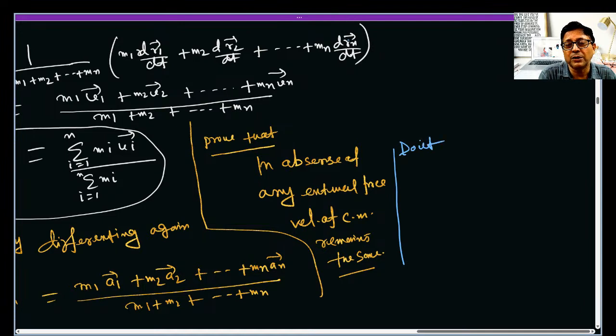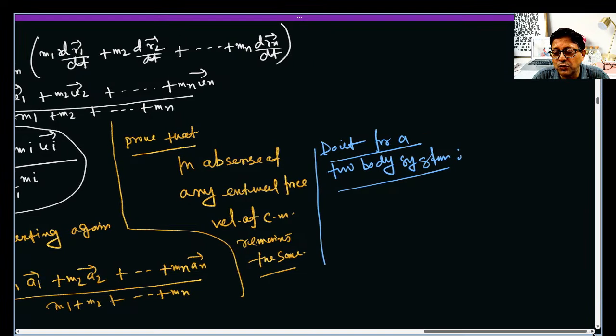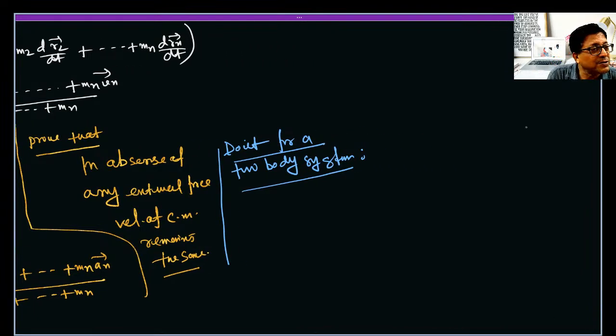This will be easier for you. And take the help of Newtonian mechanics. Try. Write the expression for acceleration for two body system in absence of external force.